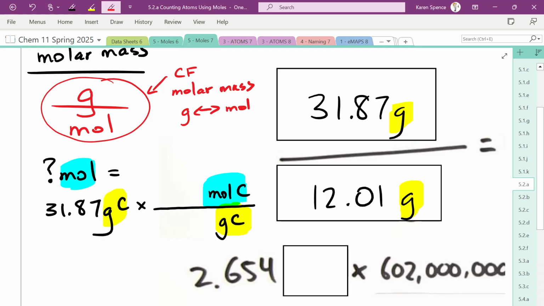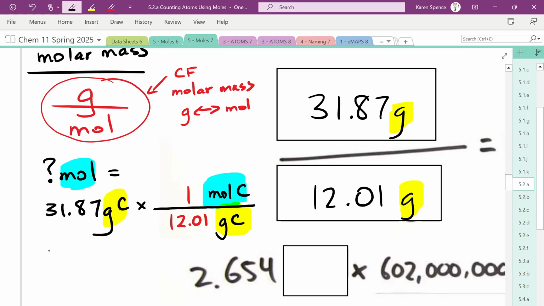Where do we find the molar mass? On the periodic table. So we say, okay, I know that there are 12.01 grams for every 1 mole. And remember, the 1 goes with the mole. Same thing here. The 1 is going with the mole.